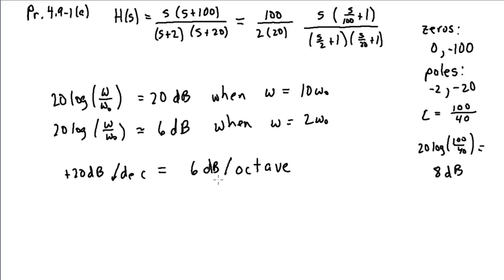Sometimes it's helpful to be able to lay these things out in octaves and draw these straight lines at this slope going an octave above. Other times it's easier to actually go a decade above and then go up or down by plus or minus 20 dB, depending on whether it's actually a zero or pole term.